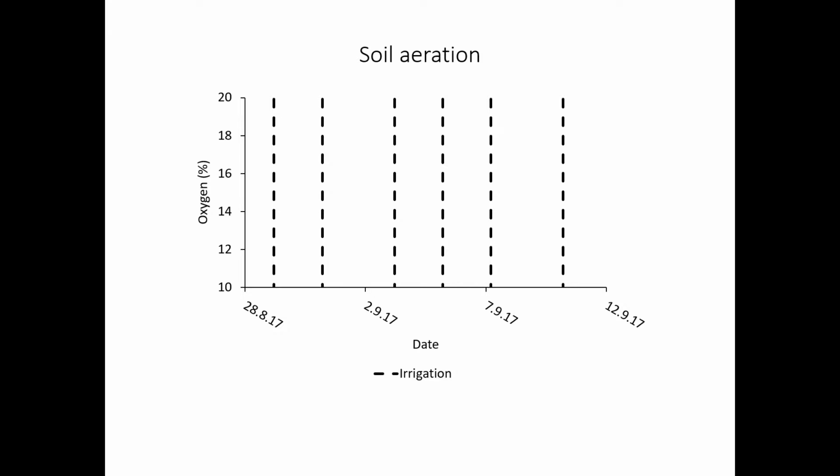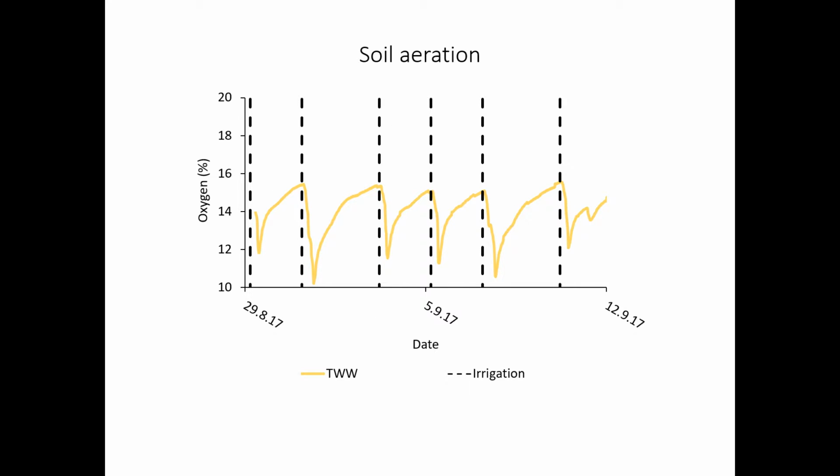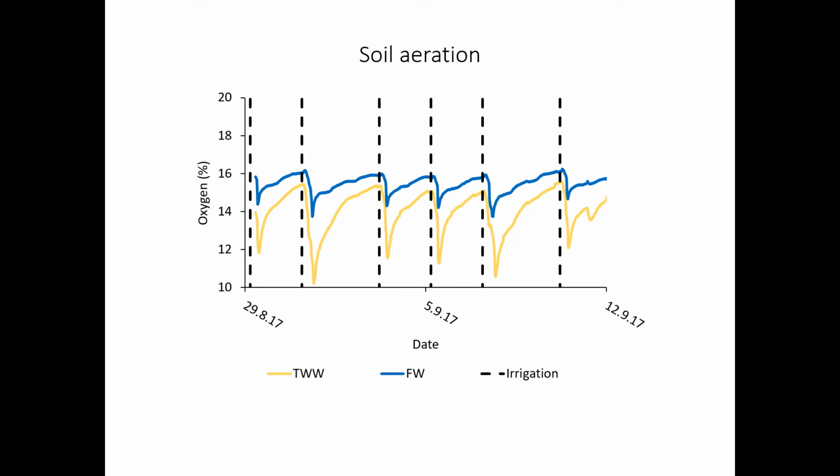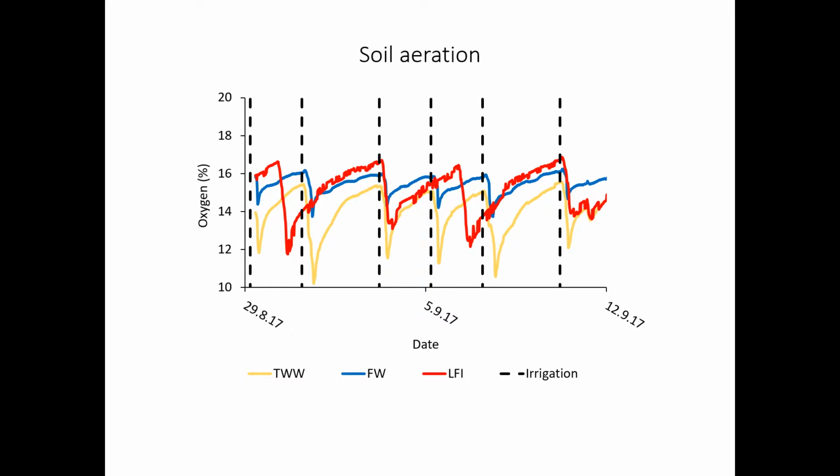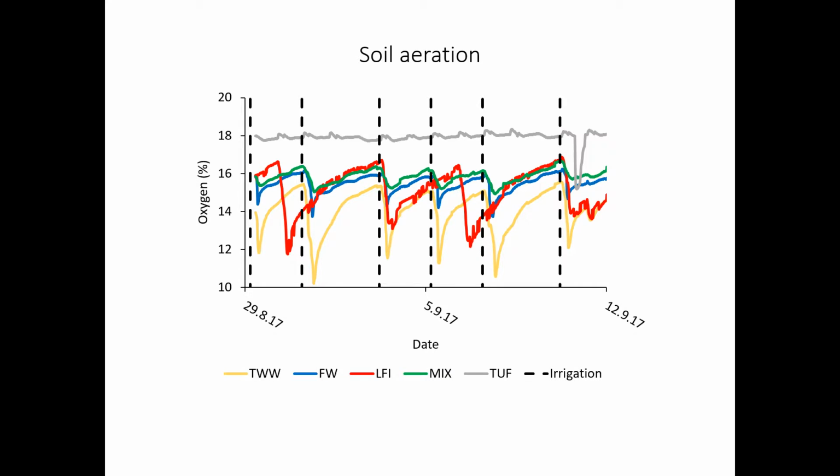This is the oxygen levels that we measured. Here are 2 weeks of measurements, and you can see lines that represent the irrigation events during these 2 weeks. The irrigation lines refer to the 3 times a week treatments, not to the other treatments, so try to stay on that.